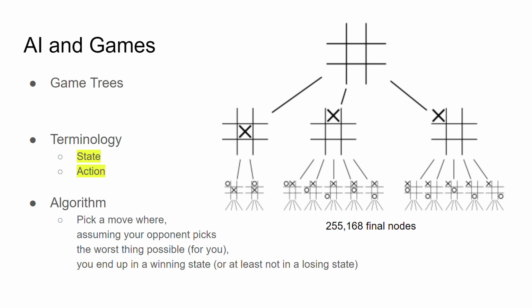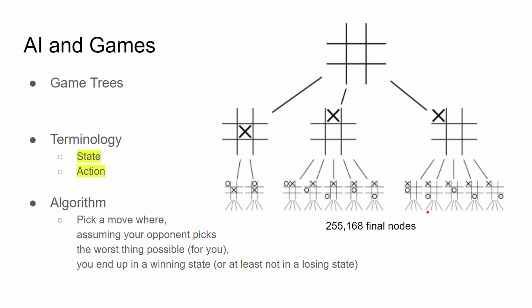Now, even for a really, really simple game like tic-tac-toe, we get a bit of a problem in that this is a really big tree. There are 255,000 final elements at the bottom of this tree. That starts being very big. And it also starts worrying people: is this how humans play tic-tac-toe?